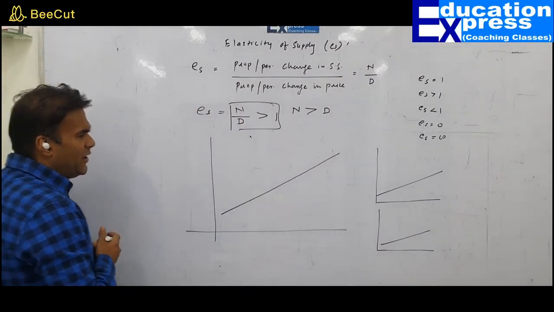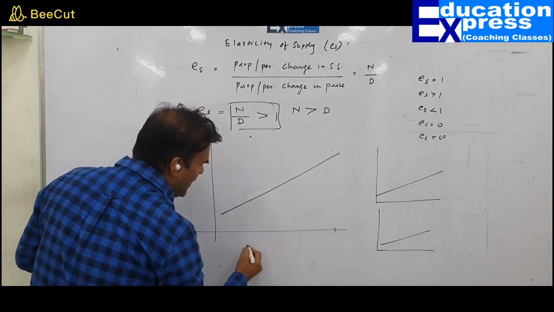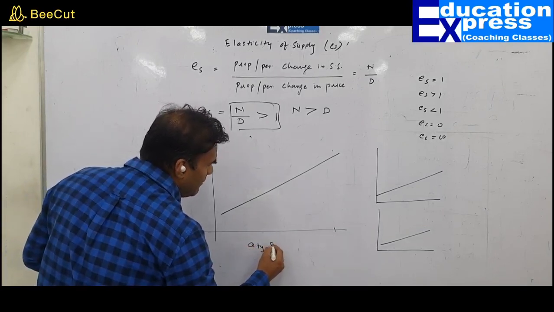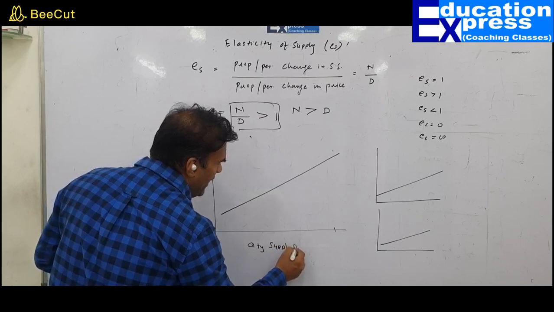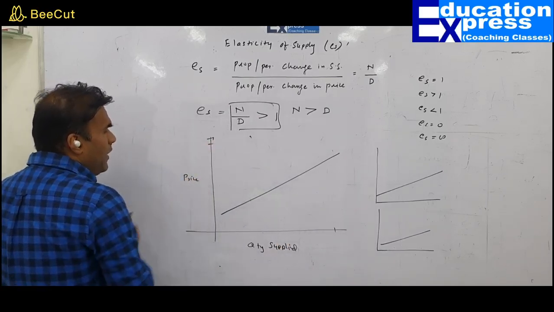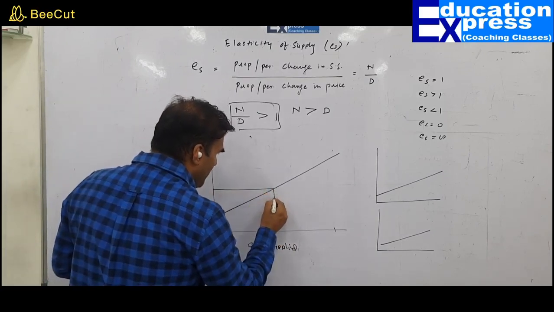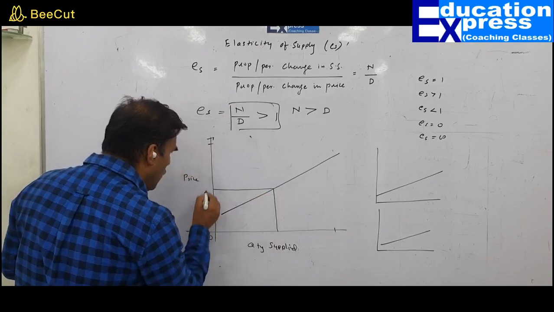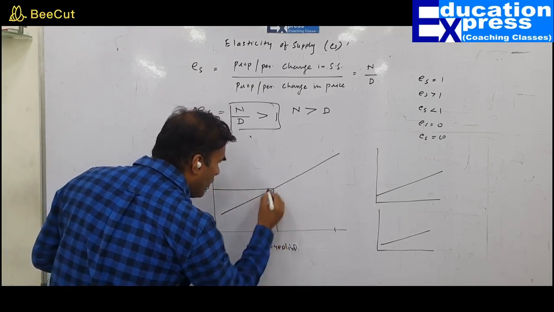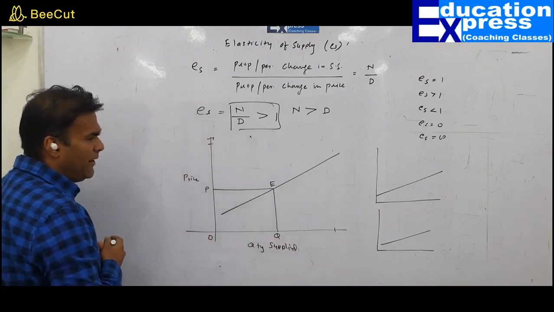So in this scenario, on the x-axis we are taking quantity supplied, whereas on the y-axis we have price. Now I am in equilibrium at point E, where OP is the price and OQ is the quantity supplied.